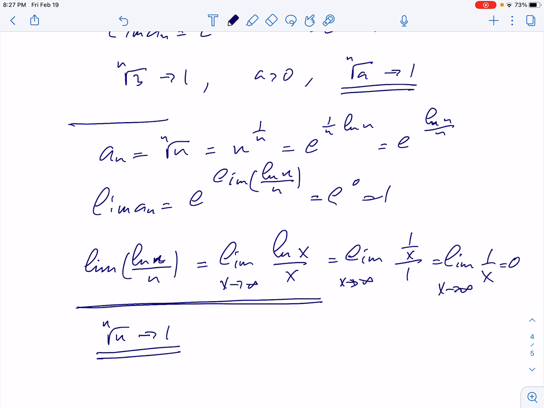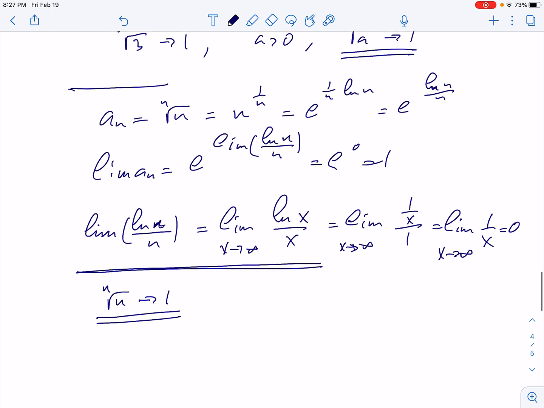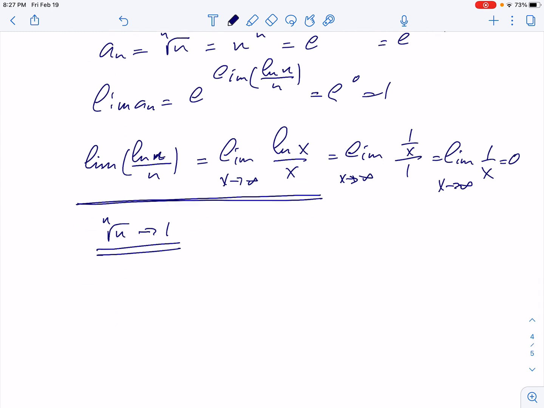You cannot use the rule of L'Hopital right away because n is a discrete variable. We don't have the rule of L'Hopital for sequences, we have it for functions. So the obligatory first step is to write a function, go to functions, and then you can use L'Hopital.